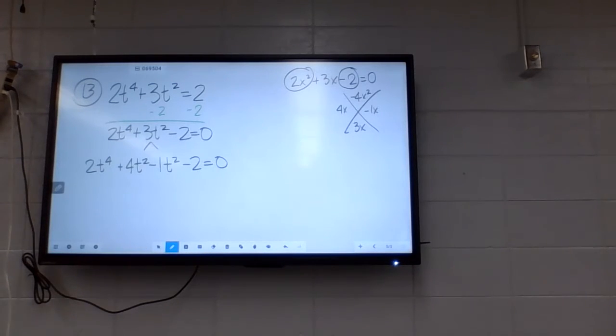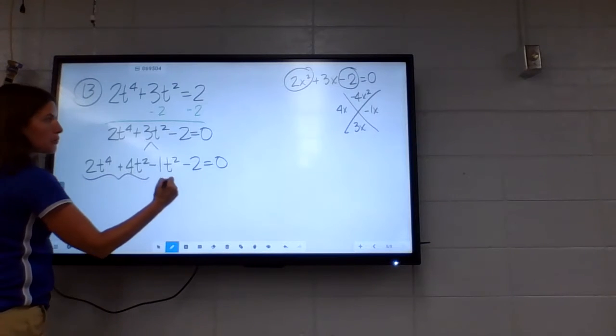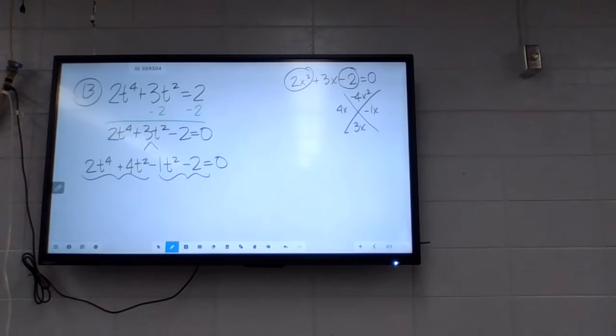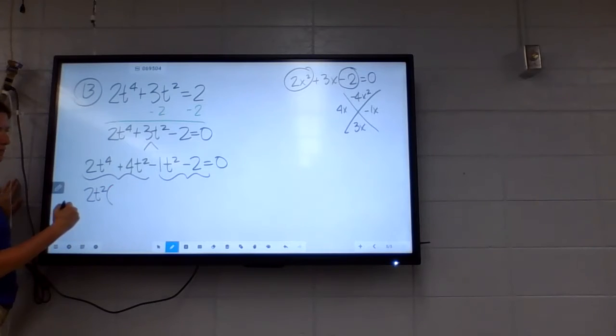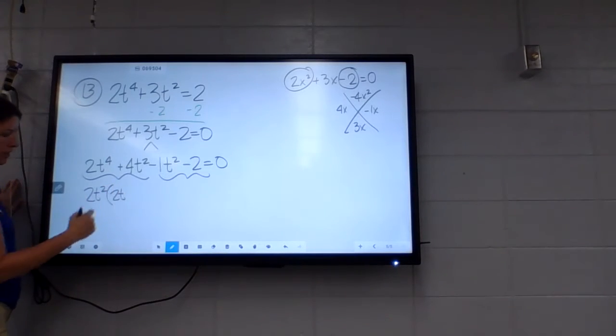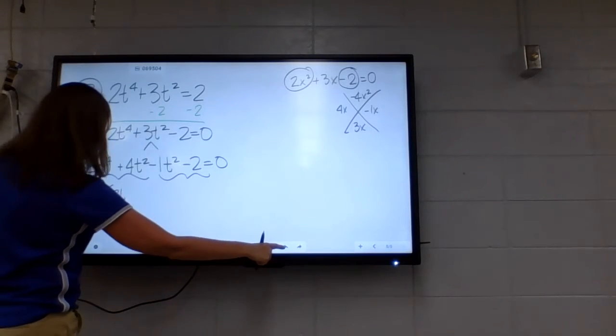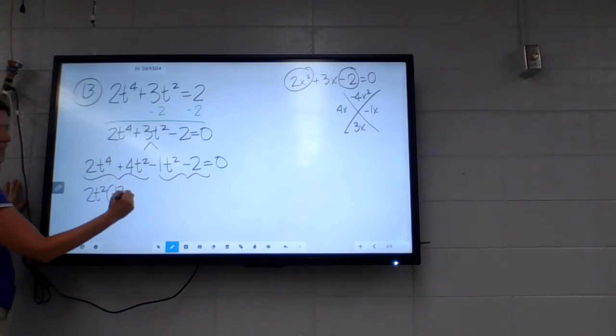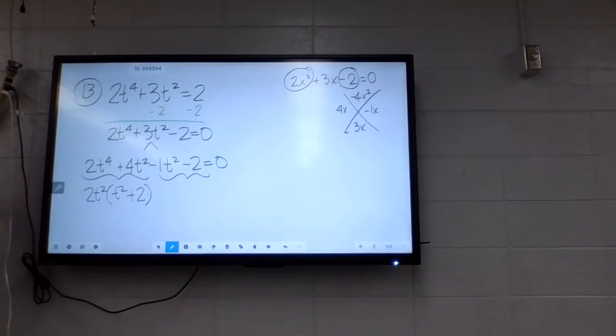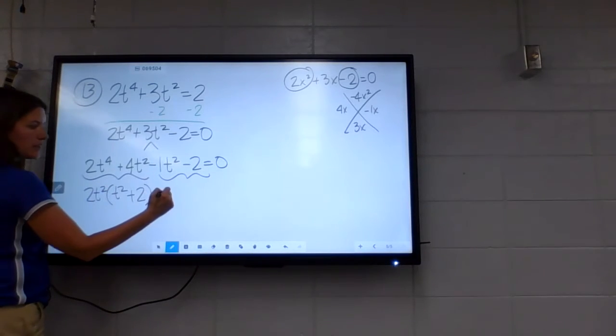And so when we go to factor this, now we do grouping. Out of these first two, I can take out a 2t squared and be left with just t squared. Out of this, I can take out a 2. Out of here, I can take out a -1.